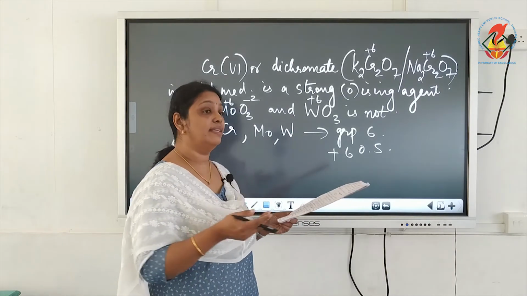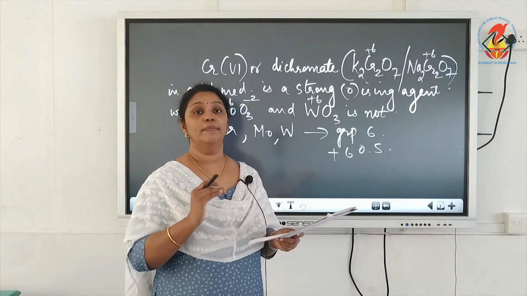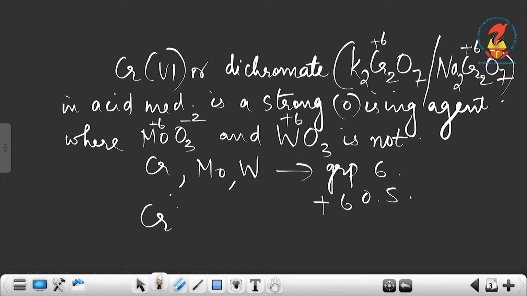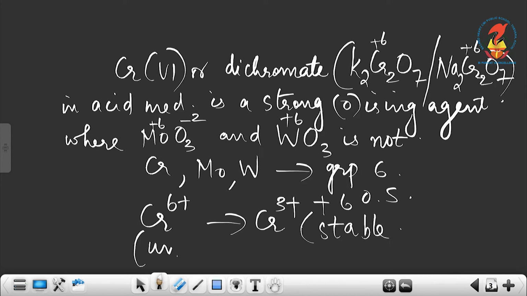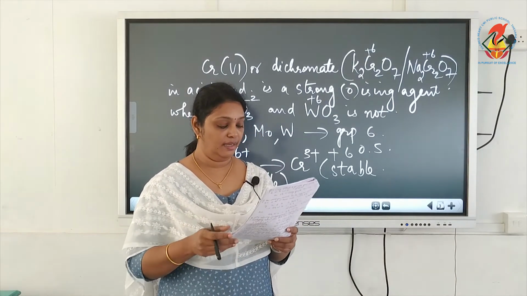It acts as an oxidizing agent so that it gets reduced to chromium 3+. So chromium 6+ gets reduced to chromium 3+, which is stable, whereas chromium 6+ is unstable. Okay, so that is this question.